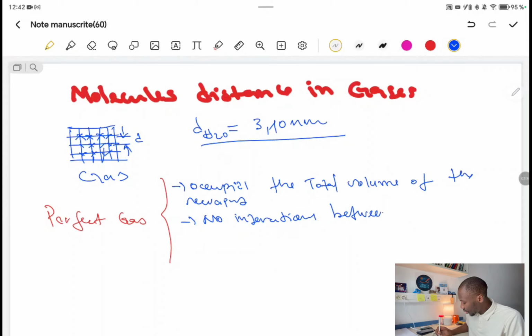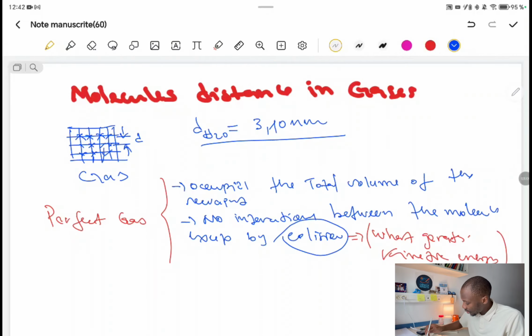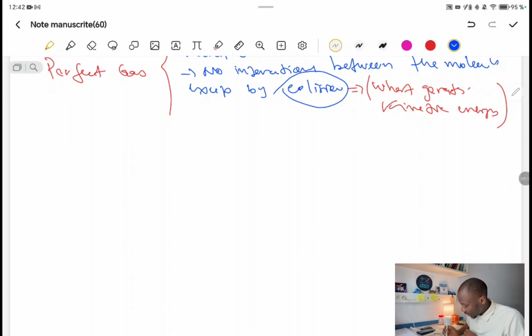Actually, that collision is what generates kinetic energy.